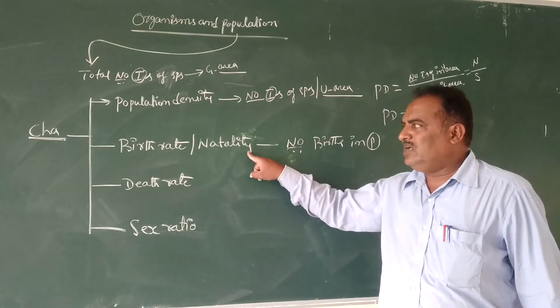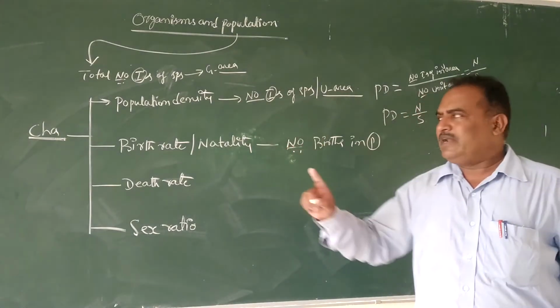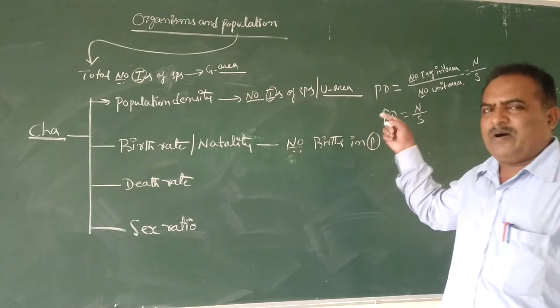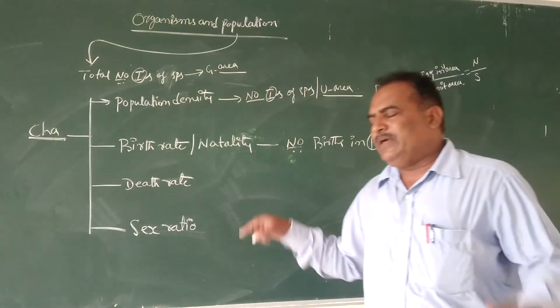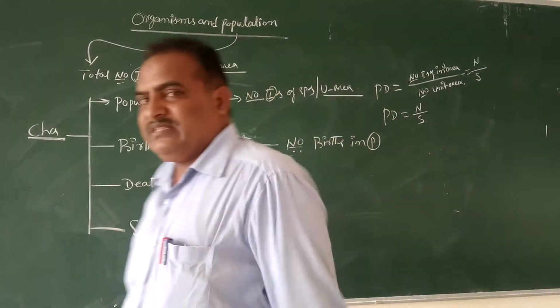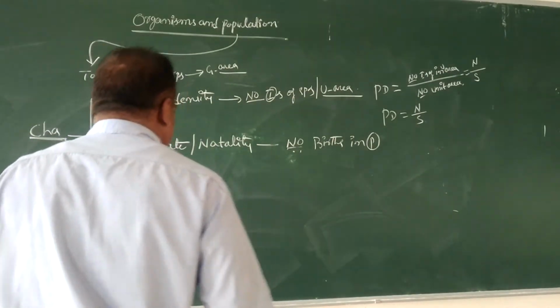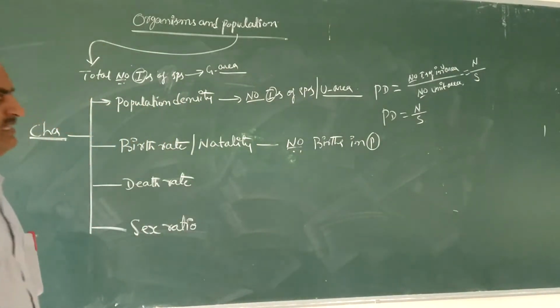The number of births in a population at a given period of time is called birth rate or natality.